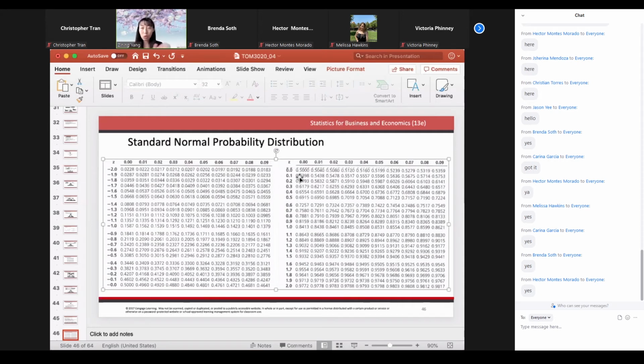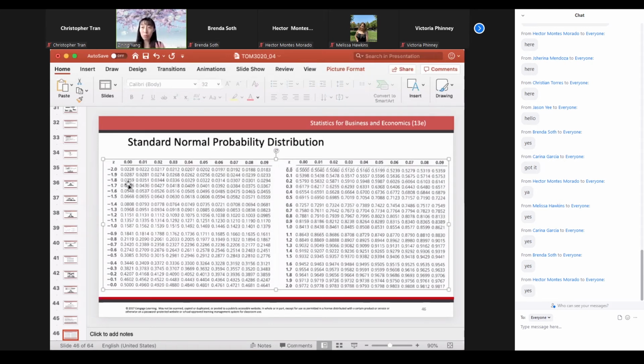So z-score can be in both directions, but the row indicates the first decimal place. And usually, your z-score will have 2 decimal places. And the second decimal place is represented by the column.